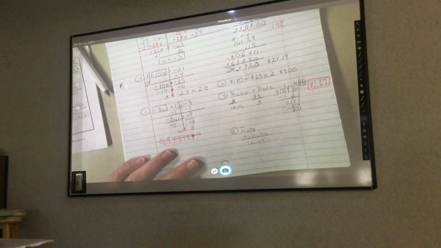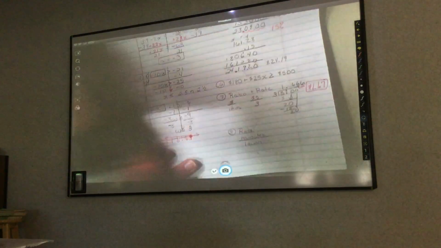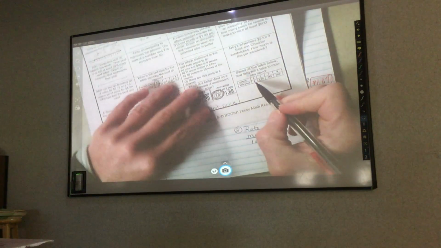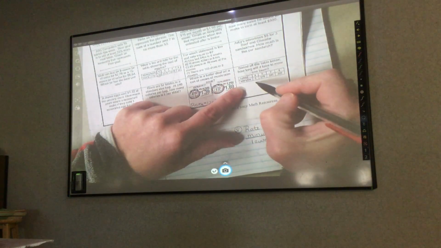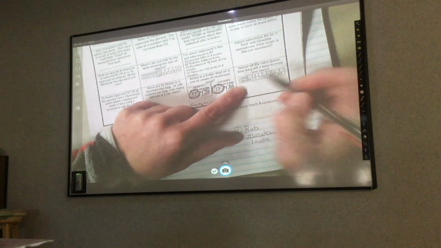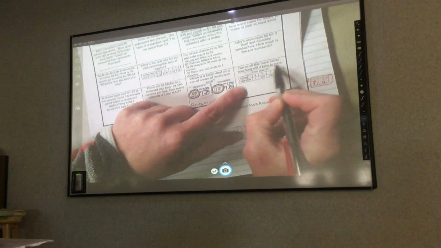Can I take the 0 minutes and 0 lawns? Can I use that one? Can I use this one? So even though lawns is on the top, it's not lawns per minute, it's minutes per lawn. That's why minutes is on top, because we want to know how long it will take to mow 1.